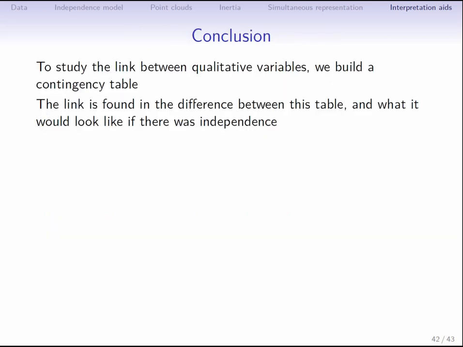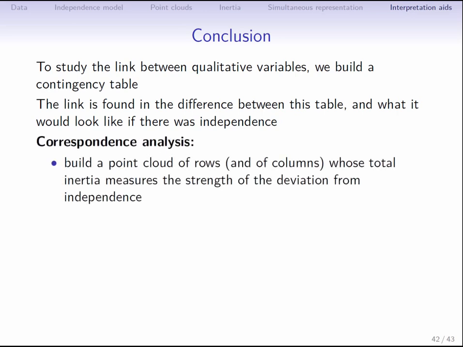So the overall conclusion is this. To study possible links between qualitative variables, we built a contingency table, the foundation. If there are links, they are to be found in the deviation between what the real data table looks like and what it would look like if there were independence. Correspondence analysis means constructing a point cloud for the rows and a point cloud for the columns.